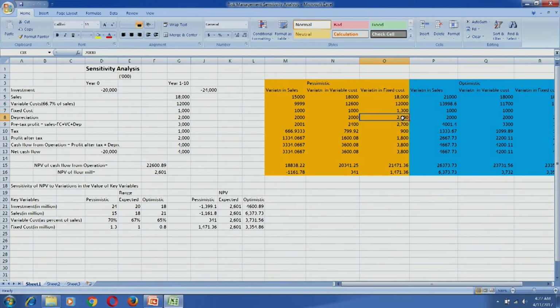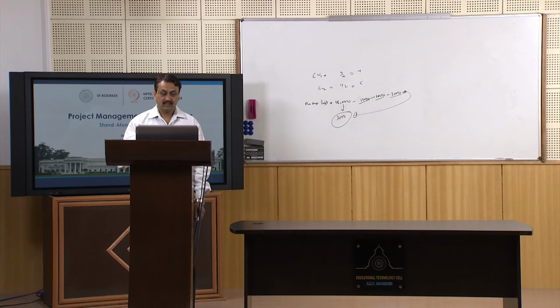All other values you can calculate easily, and this is your NPV 1471, which is this one, right. So what we have done, we have taken a pessimistic scenario and we calculated our NPVs like this, right.